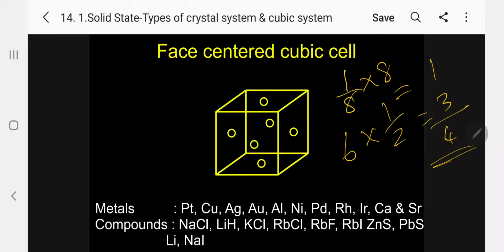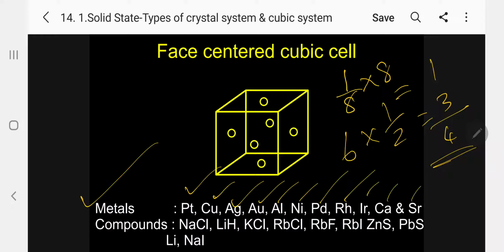Please remember, my dear students: simple cubic 1, body-centered 2, and face-centered 4. So as usual, memorize these examples. Very, very important. Metals: platinum, copper, silver, gold, aluminium, nickel, palladium, rhodium, iridium, calcium and strontium. Coming to compounds: sodium chloride, commonly asked, the syllabus will be discussed.